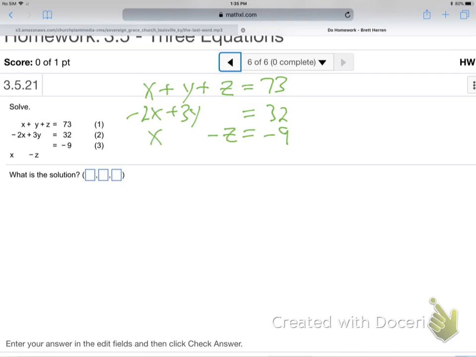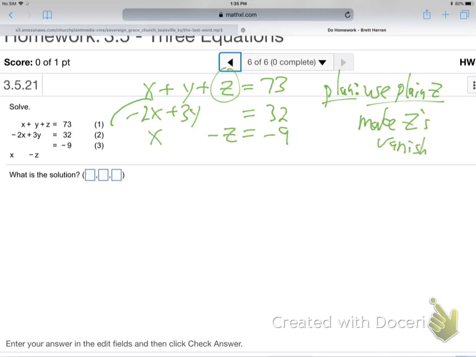So notice with me for a second. Here's the plan: use the plain z to make all the z's vanish, or cancel. Vanish sounds like a magic trick. Cancel.